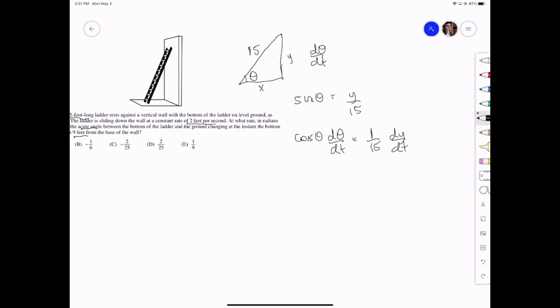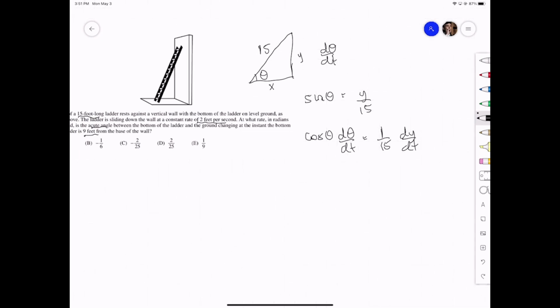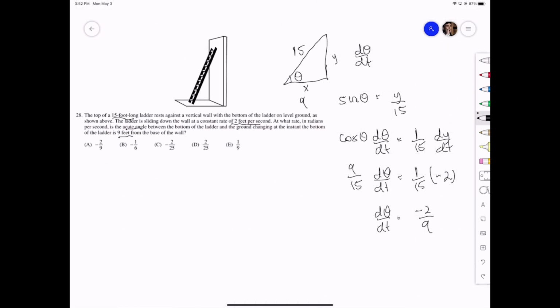We know that it's 9 feet from the base of the wall. So it's 9 over 15 d theta dt equals 1/15 dy dt. What's dy dt? It's -2 because it's sliding down at 2 feet per second. So d theta dt equals -2/9. A.